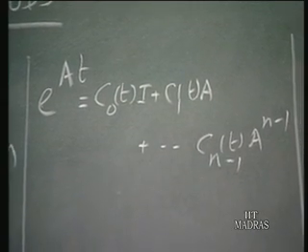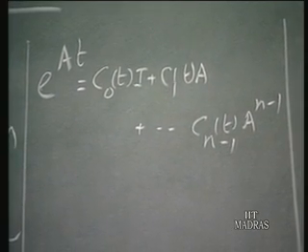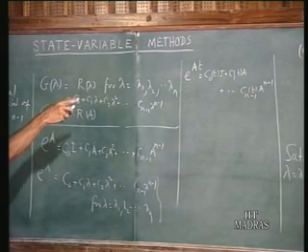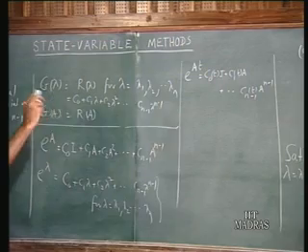That is the only difference. So instead of being constants here, they will be functions of t. And to evaluate C0 to C(n minus 1), they are constants as far as A is concerned, but they are functions of t.